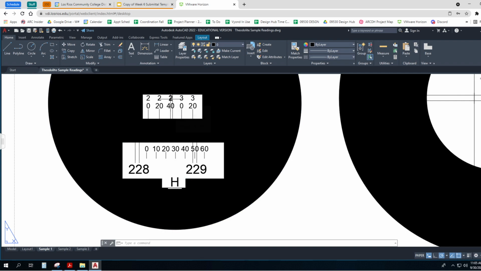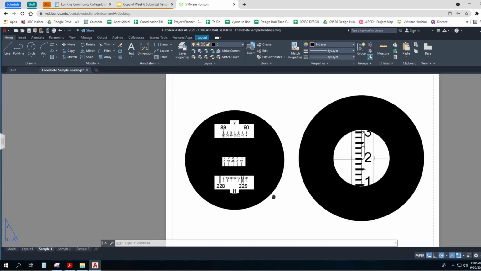There's my 40 mark. It's a little less than 45, which would be right there. I'll call it 43. 229 degrees, 52 minutes, and 43 seconds. Let me write that down here.